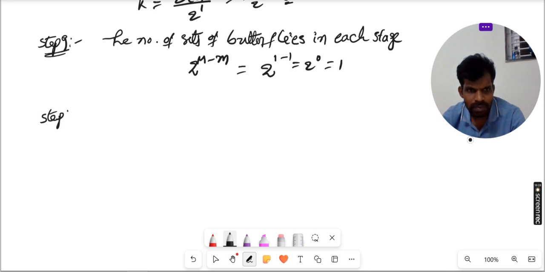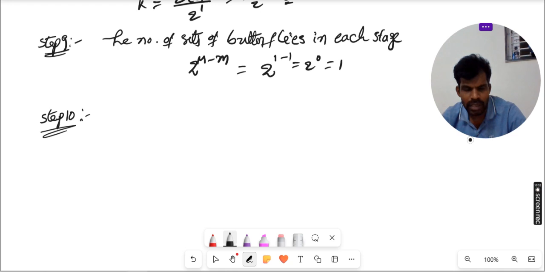These steps are for length n equal to 2. If we take length n equal to 4, these values will change. The formulas are the same, but by substituting the stage index value and the number of stages, we will get different values.